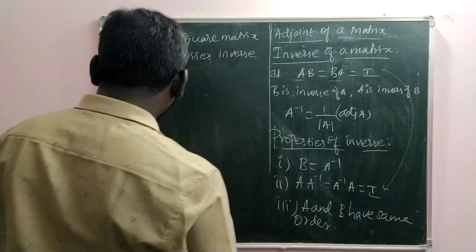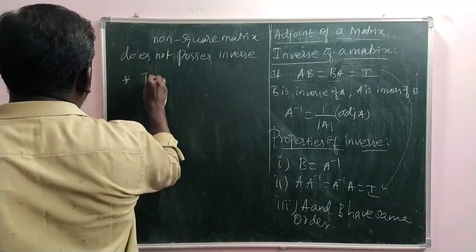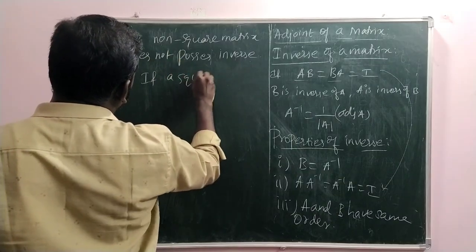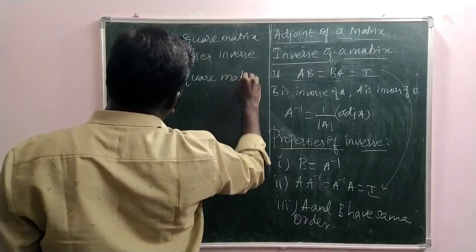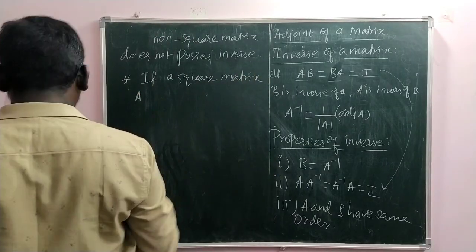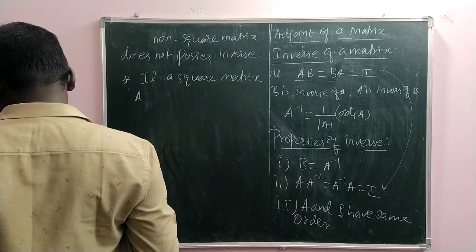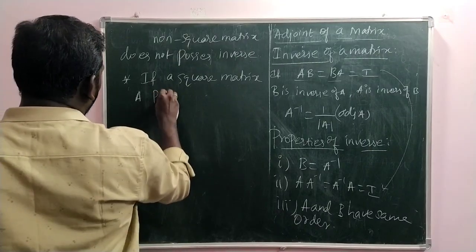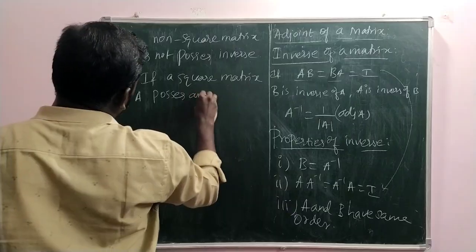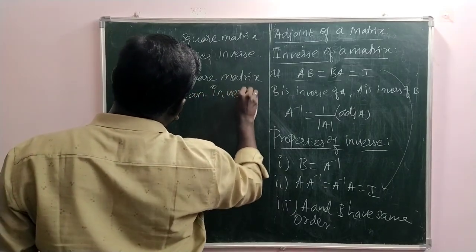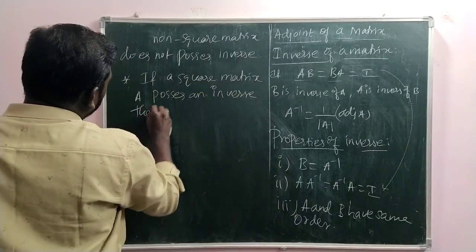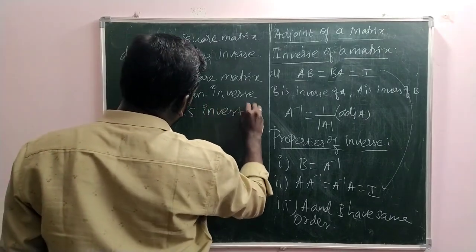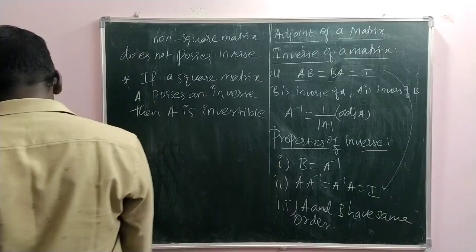So if a square matrix A possesses an inverse, then we say A is invertible. That is an invertible matrix.